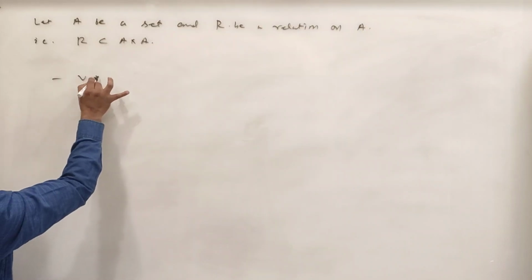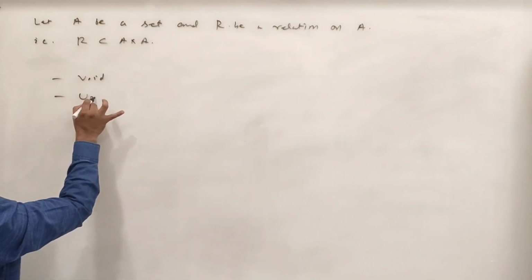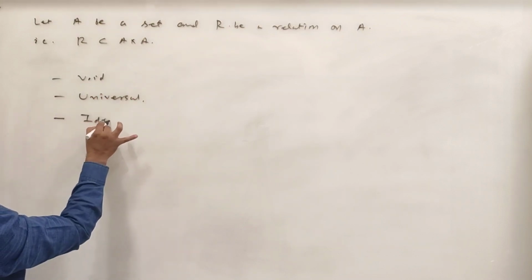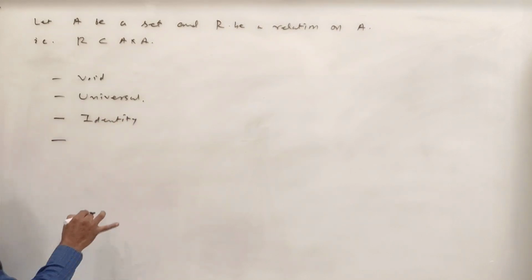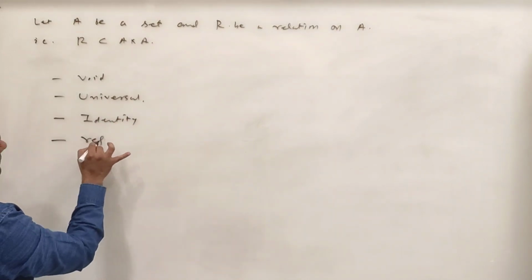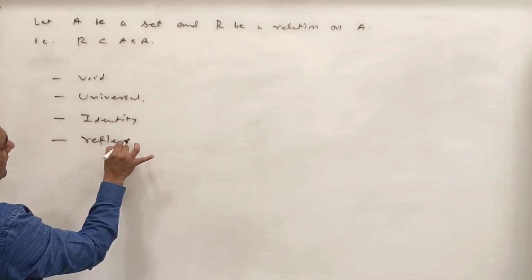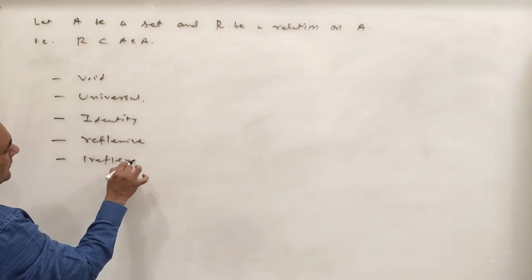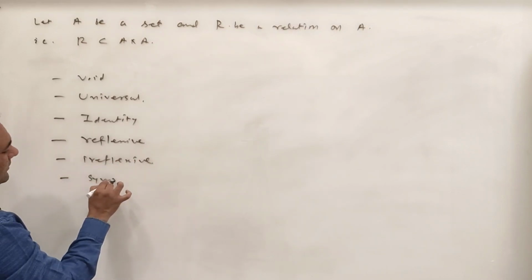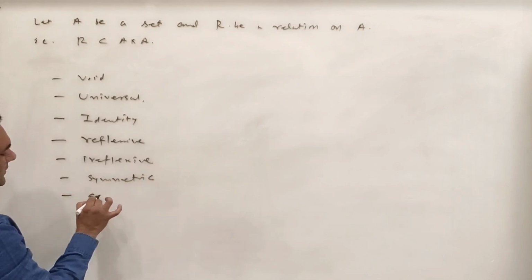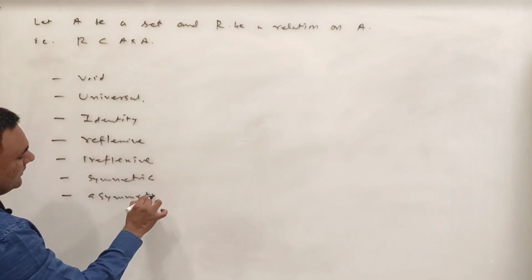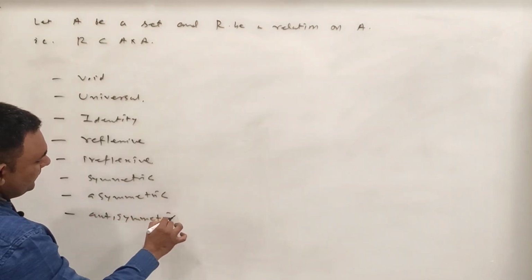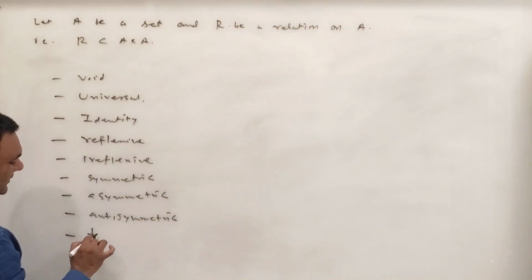It will be void relation, then universal relation, then identity relation, then we will discuss reflexive relation, then irreflexive, then symmetric, then we will discuss asymmetric, antisymmetric, and then we discuss transitive.